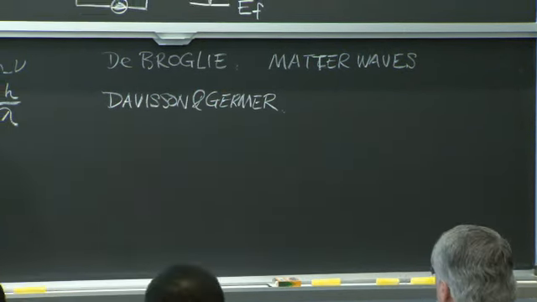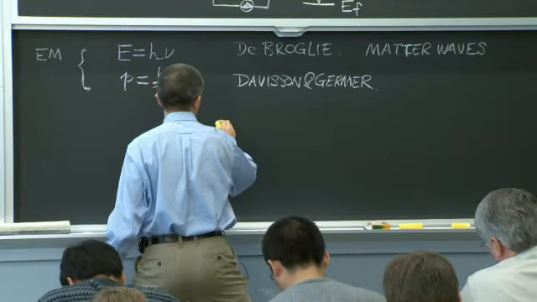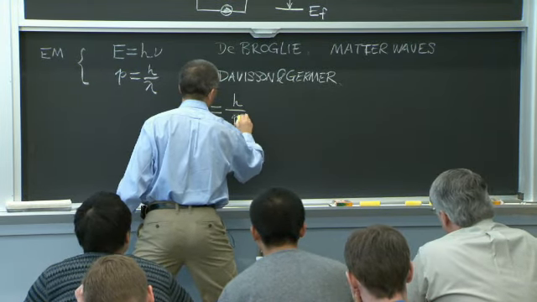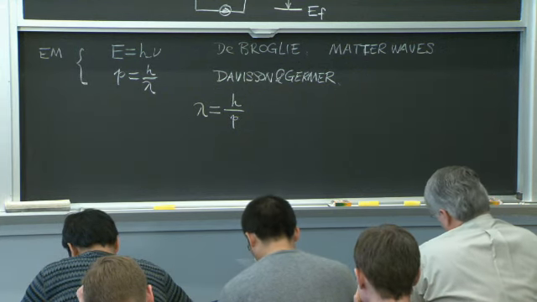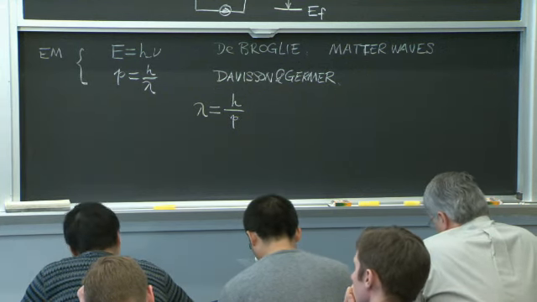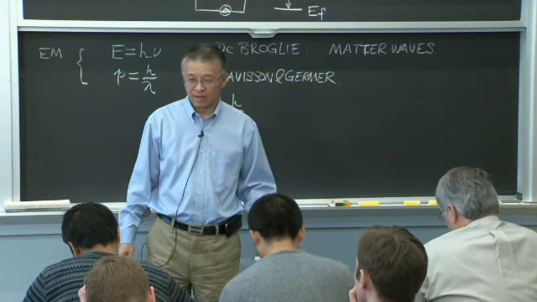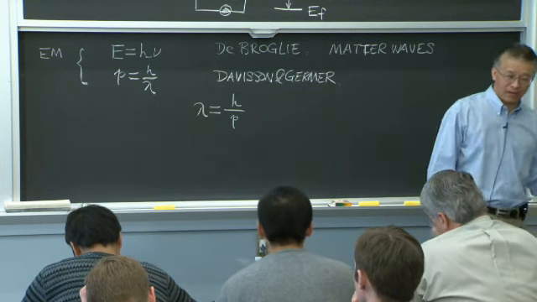Okay, so if we think about the matter wave, right? The wavelength of a matter is h over p. And I can calculate what the wavelength is. Take any object, 1 kilogram, moving 1 meter per second.